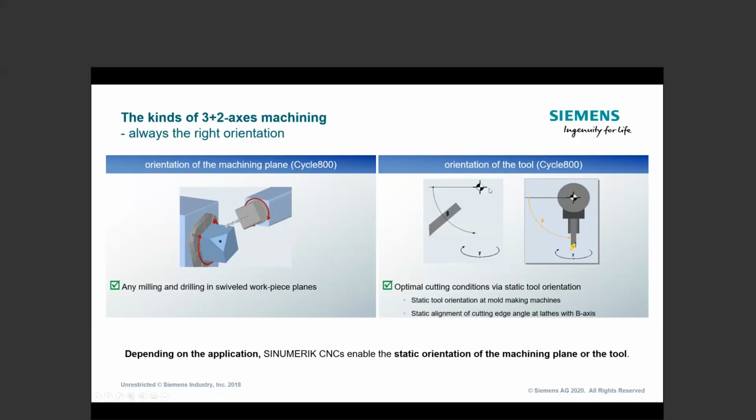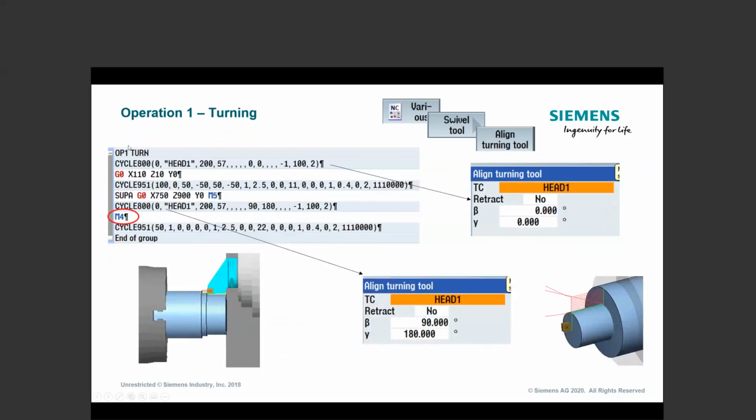So this is what we're going to look at first, and this is real popular on a B-axis lathe because you want to be able to flip the tool around and do all this stuff. So I come in, I want to drive my tool, so I'm using the align tool turning tool function, and that could be posted through my cycle 800.